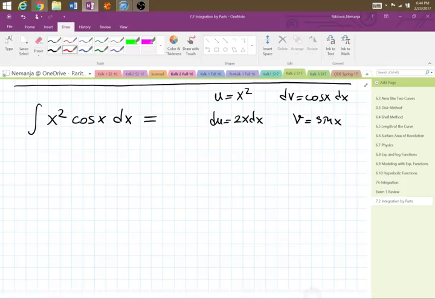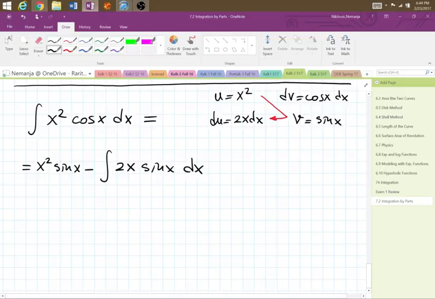Now I'm going to put the arrow and write x squared sine x minus the integral of 2x sine x dx. Now, when you analyze this, observe that this portion of the problem looks very similar to the previous portion, which means it's again integration by parts.